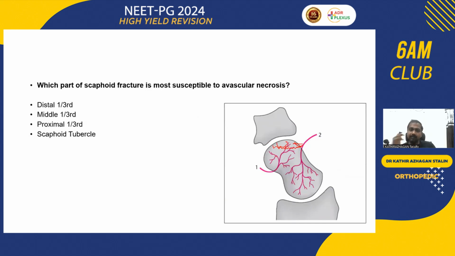There will be supply from here and supply from here. But if there is a waist fracture, there is only one blood vessel supplying, so the possibility of that rich vascular anastomosis is not there at waist level. And that is the most common level of scaphoid fracture.